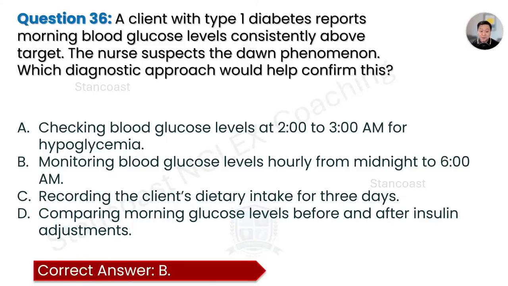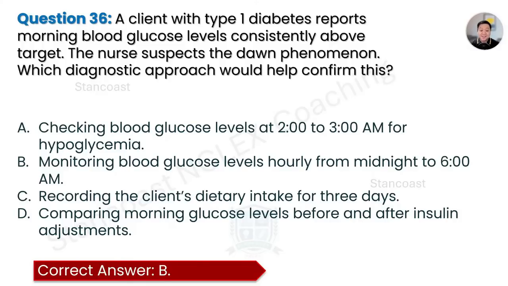For letter A, this is an incorrect option. Checking the blood glucose levels at 2 to 3 a.m. for hypoglycemia is useful to assess for the Somogyi effect, where the blood glucose drops during the night, causing rebound hyperglycemia, and this approach does not confirm the dawn phenomenon.